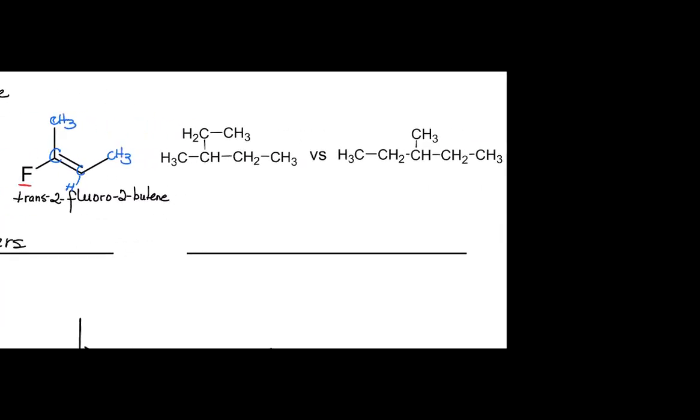Here we have two molecules. When we look at the molecule on the left, it has 1, 2, 3, 4, 5, 6 carbons. So this is C6. And then it has 5, 8, 9, 14.